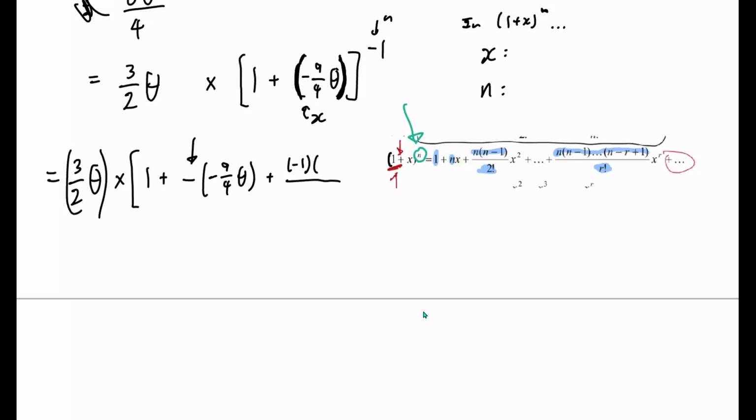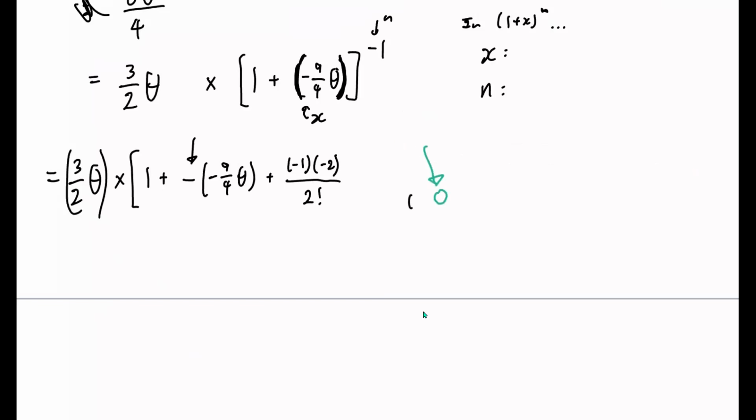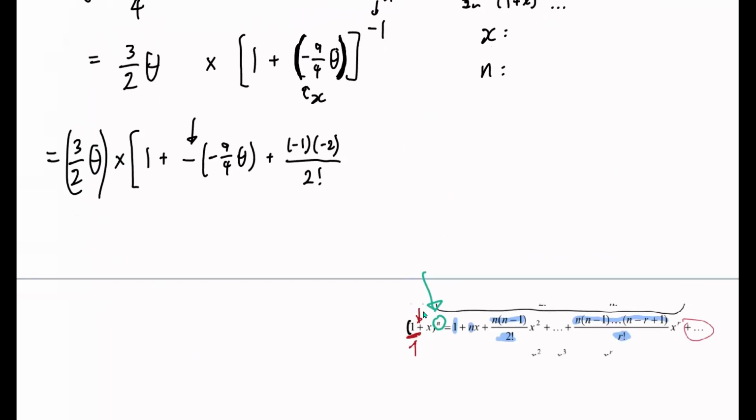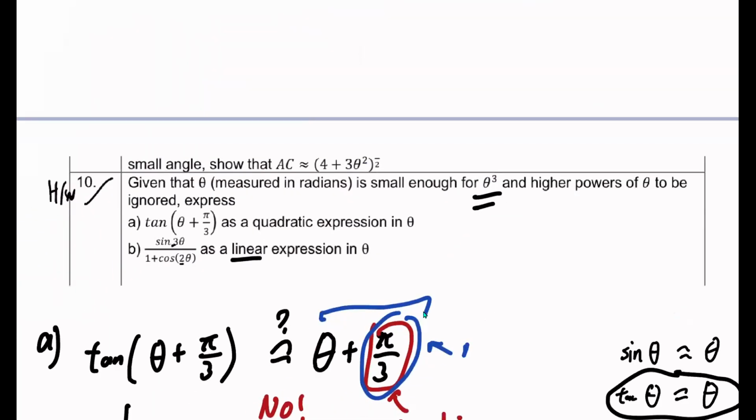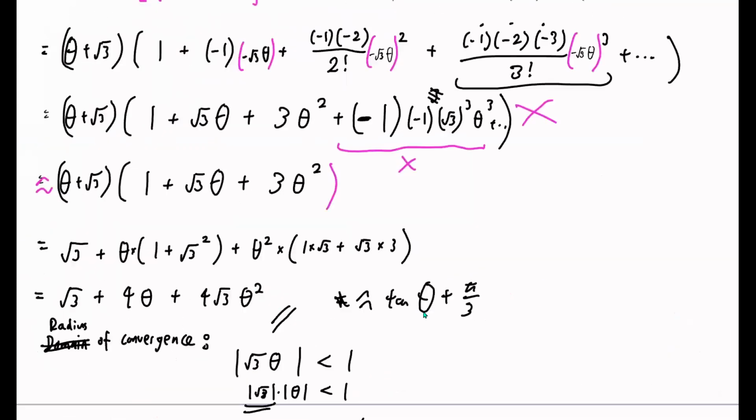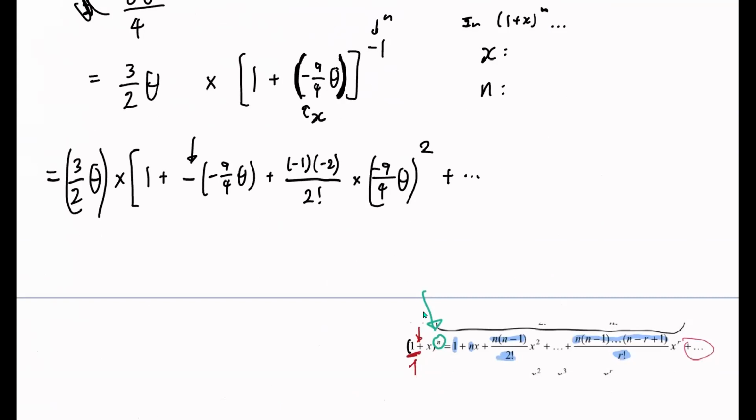Yeah, negative 1, then negative 2, then divide by 2 factorial, then times negative 9/4 theta. Good. Power? Square. x square, must remember. And then you just dot, dot, dot. Do we need higher powers? Actually, no, because in the question, I requested a linear expression in theta. Linear means you don't need power 2 onwards. So we can actually just get rid of the power 2 expression.